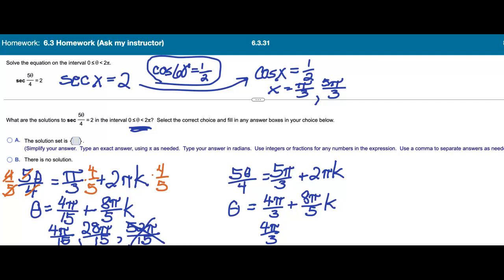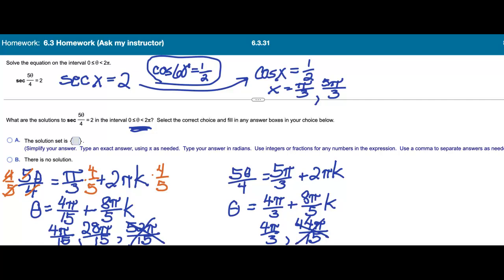So that's a total of 44 pi over 15. Just replacing k with 1. And here again, I've got the same problem. 44 over 15 is going to be greater than 2, so that's greater than 2 pi, so I'm not going to use that as an answer.